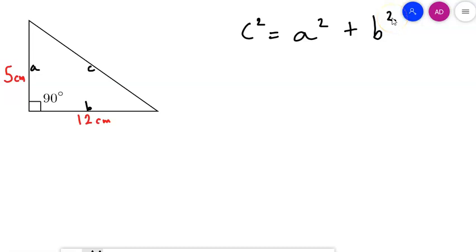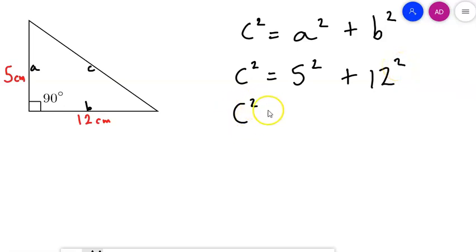And so what you do now is you substitute the values into the formula. So we have c squared equals, it's telling us a is 5, so it would be 5 squared add, and b is 12, 12 squared.